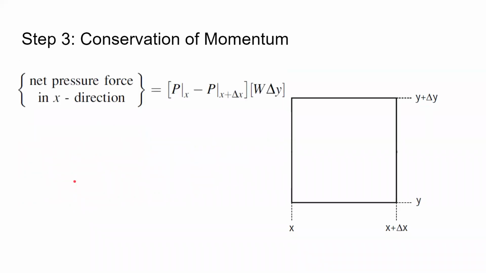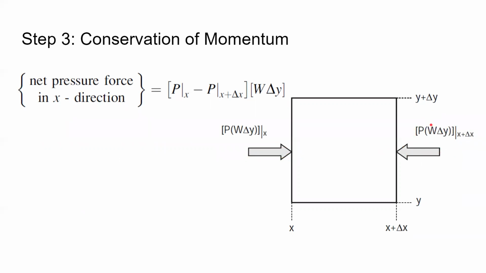Now, another force that we do have here in our shell is pressure. Right, so we have the net pressure force defined in the x direction as the pressure on this side of the x, and then opposing on this side, right over here.